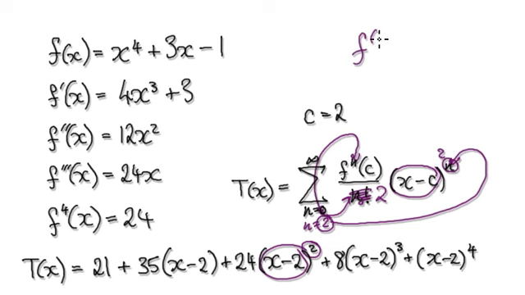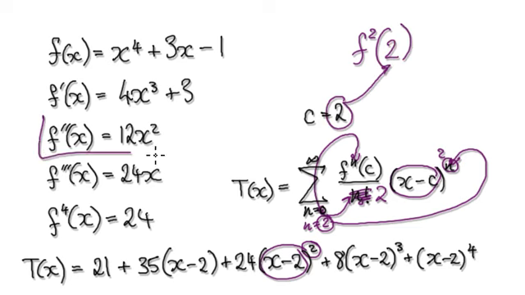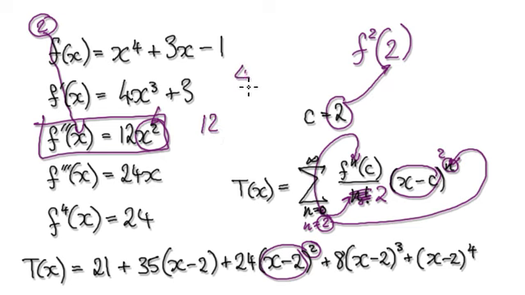So f of 2 is really your second derivative evaluated at 2. Okay, so looking at your second derivative here, we've got to put the 2 into here. So that will be 4. So 12 times 4, that will be 48. And then we've got to divide it by 2 here. So 48 divided by 2 will then give you 24.